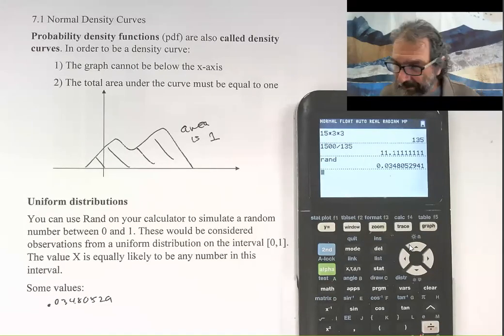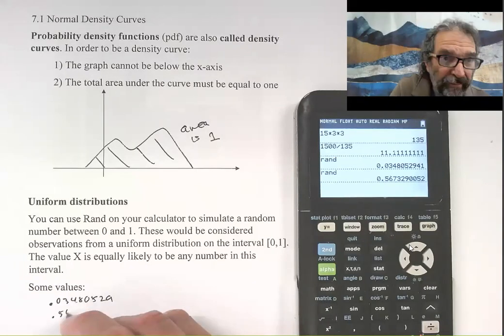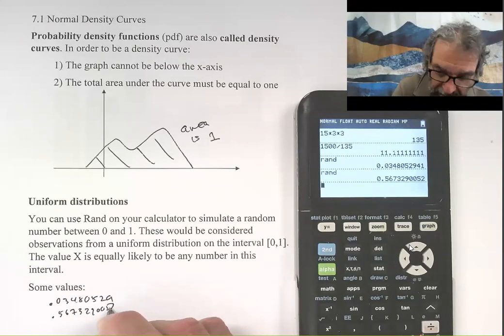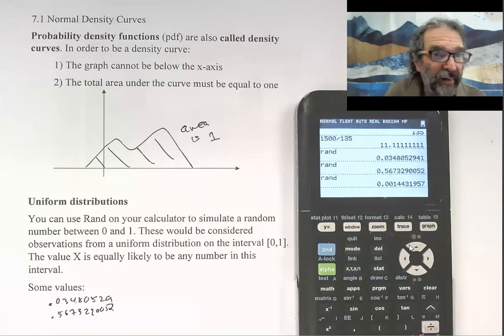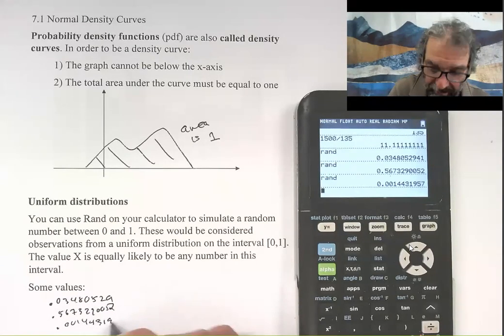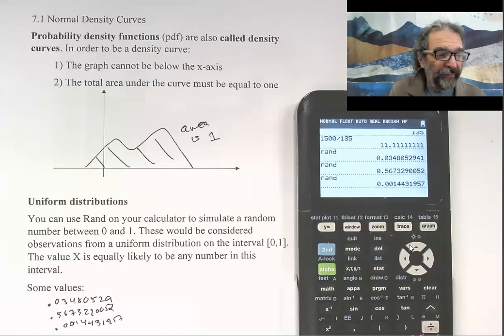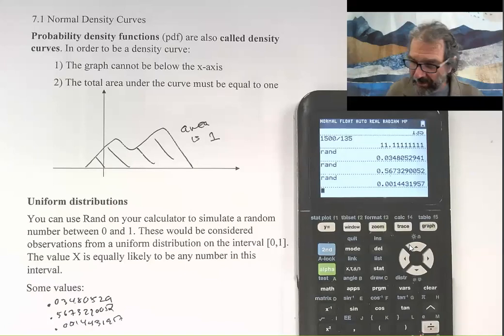If I hit enter again, then I get 0.5673290052. We're going to keep doing that. Here's a tiny one, 0.0014431957. We used this before to generate random numbers, but now we're using it to generate one random number, a number between 0 and 1.